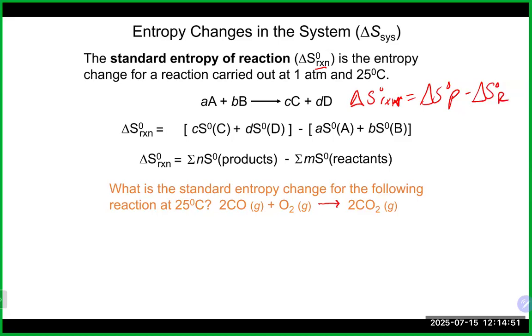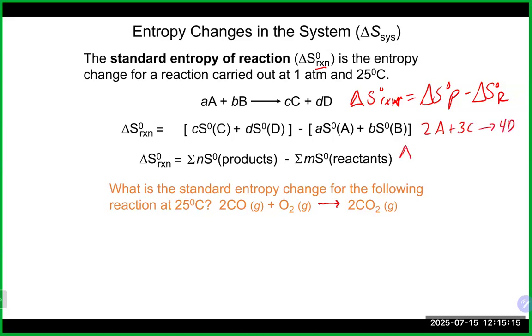So just like we did in chapter 7 with delta H, we would go to a table, we would add up all the delta S values for the products, and then subtract it from all the delta S values from the reactants. We also still need to, like we did with delta H, take the coefficients into account.